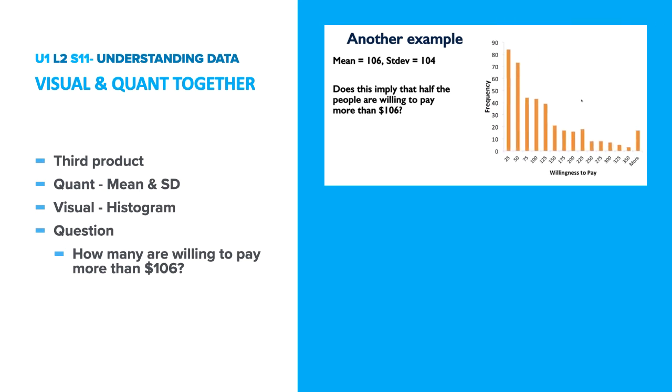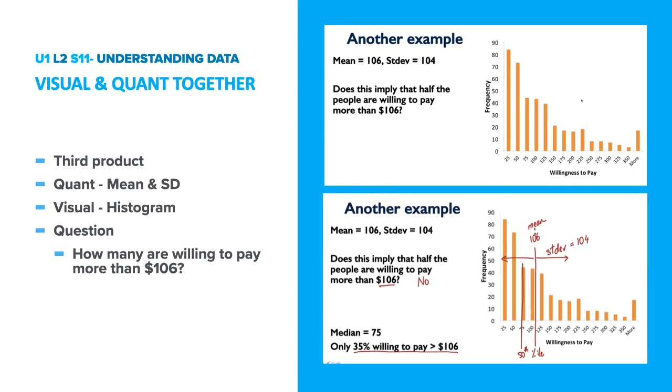Because when we have drawn the histogram, if you look at 106, which is the mean, it is not 50% who are willing to pay more than 106, because it is not evenly distributed. The spread is not even across the mean.